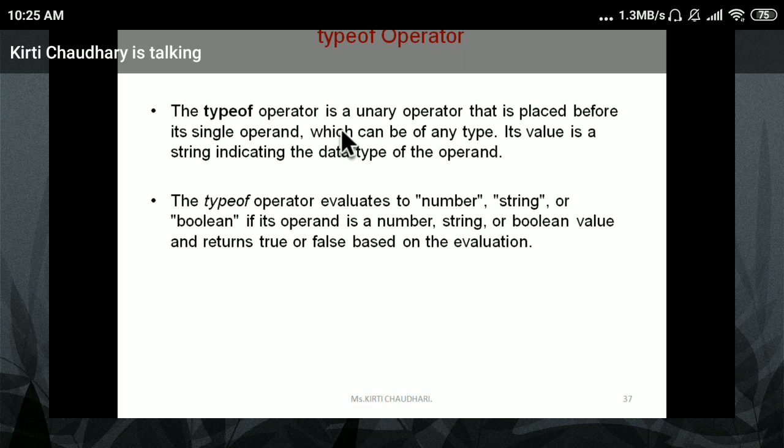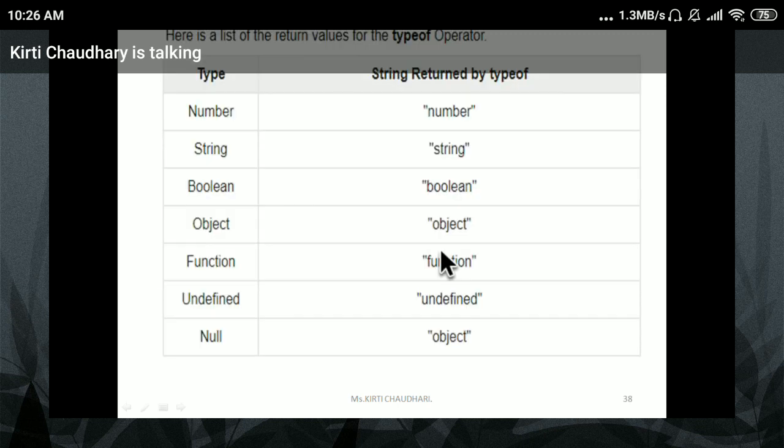Its value is a string indicating the data type of the operand. The typeof operator evaluates to number, string, or boolean.